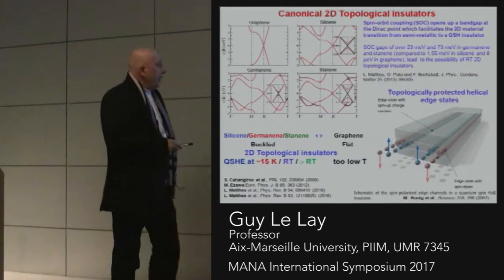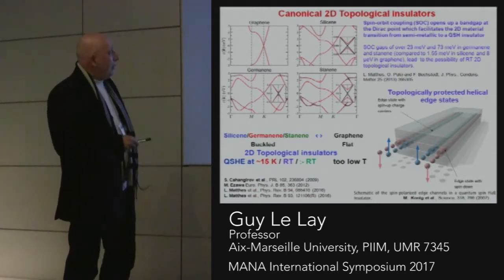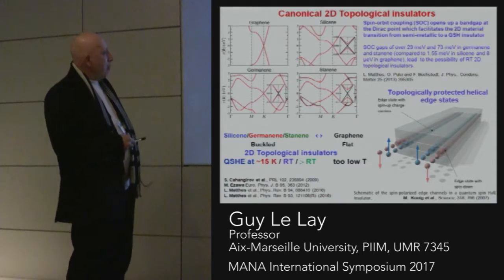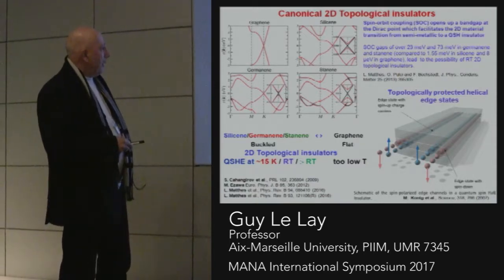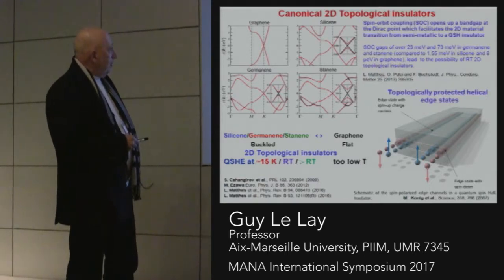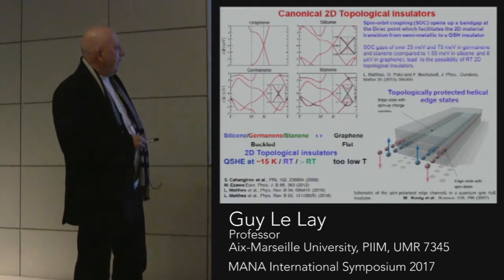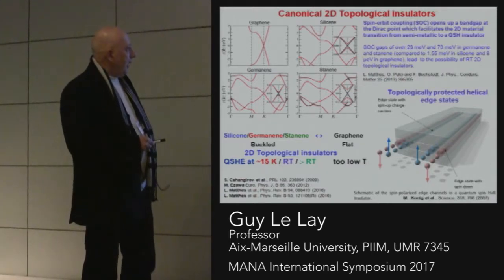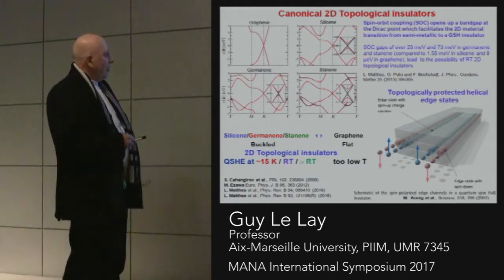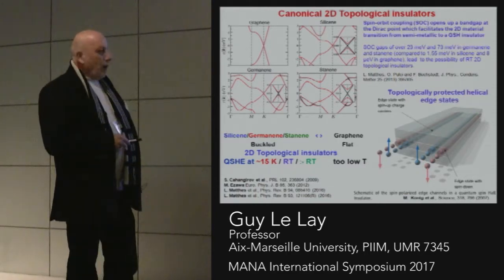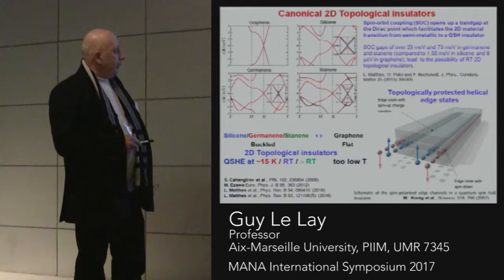These materials, at variance with graphene, which has such a small spin-orbit coupling, just 8 micro eV, that you cannot do anything with it, even though the quantum spin Hall effect was first proposed for graphene by Kane and Mele, I think. But if you look at silicene, germanene and stanene, because the buckling is much higher and the intrinsic spin-orbit coupling is higher, and then there is a synergetic effect, these are robust topological insulators.